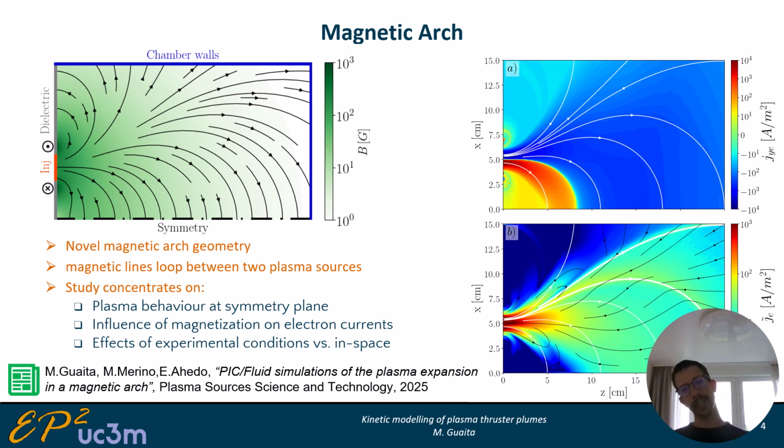The top right plot shows the out-of-plane electron currents, which are strictly linked to the magnetic thrust obtained, while on the bottom you have the in-plane electron currents. Finally, there was also a section in the paper regarding the effects of the experimental conditions on the plume with respect to what happens in space.